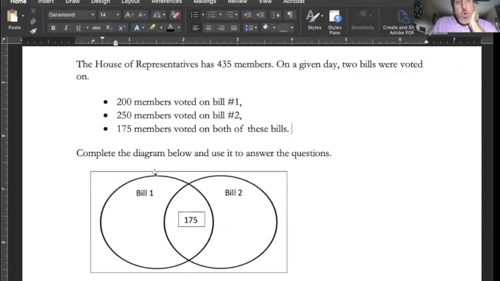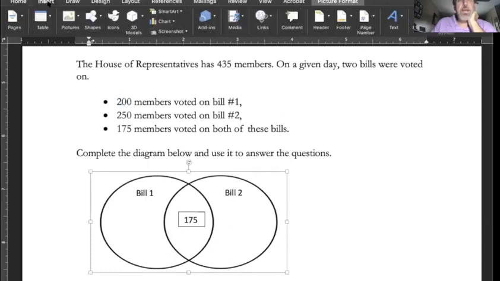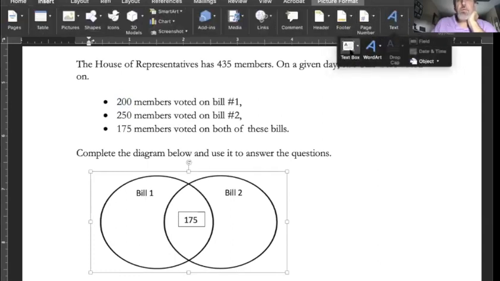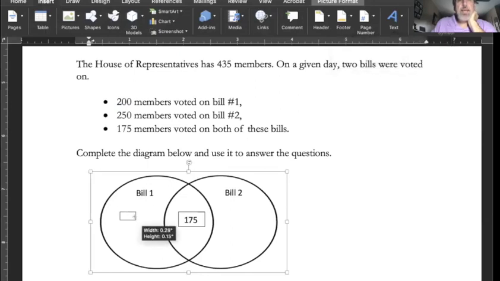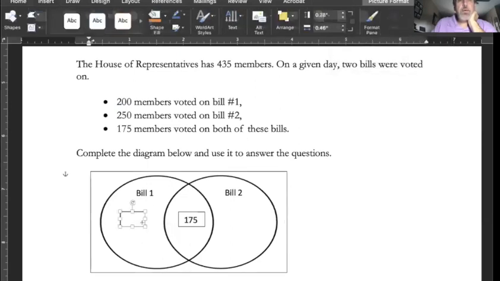Now, we know that 200 people voted on the first bill. 175 of them are already accounted for. These 175 are part of this 200. So we need to put the number of people that will bring this total up to 200 in this region. Again, I'm going to insert a text box for me to write in, and we're going to put those people here.